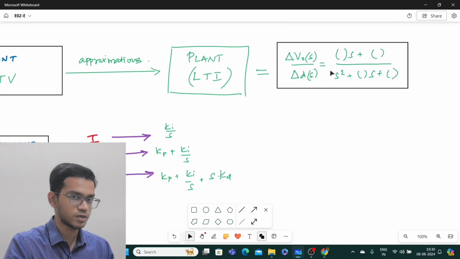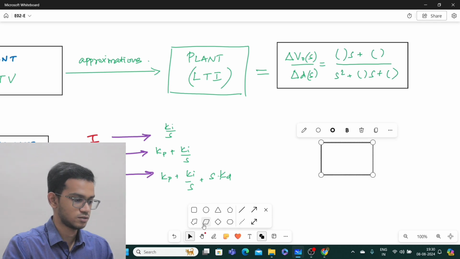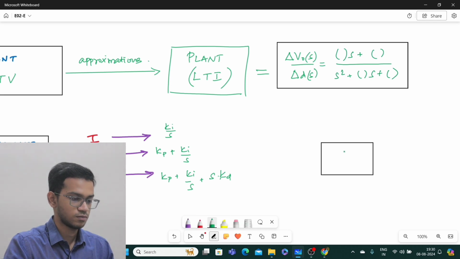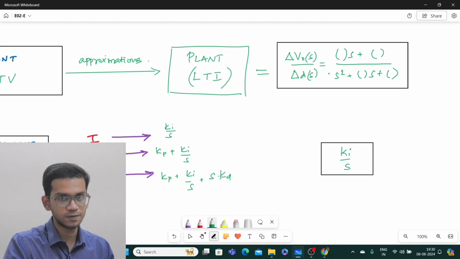Now this transfer function represents my plant. I am willing to control this by another transfer function, which may be Ki by S. Now this plant is modeled in a linear time invariant domain, and my controller could be obtained by tuning this plant.